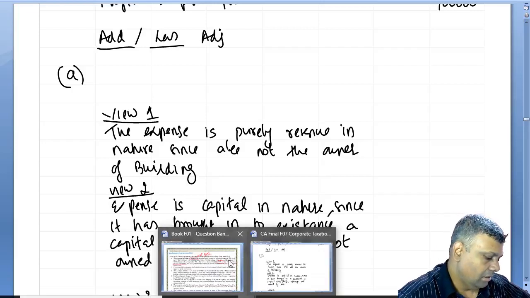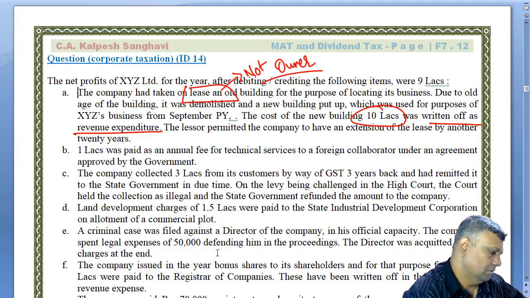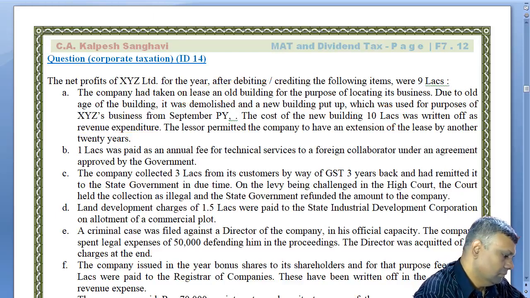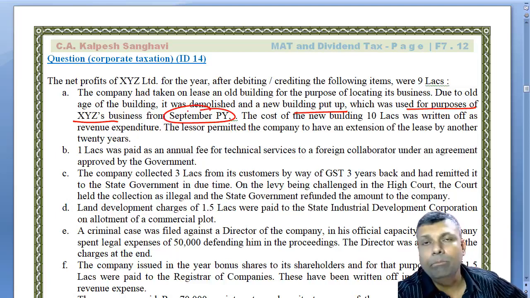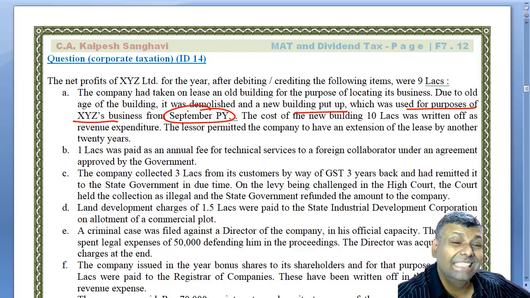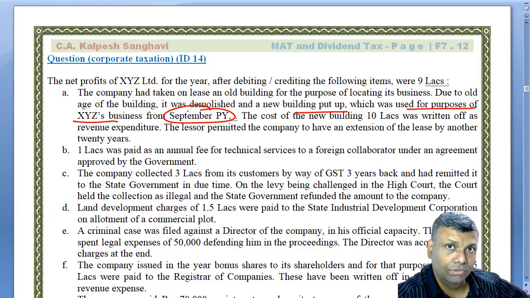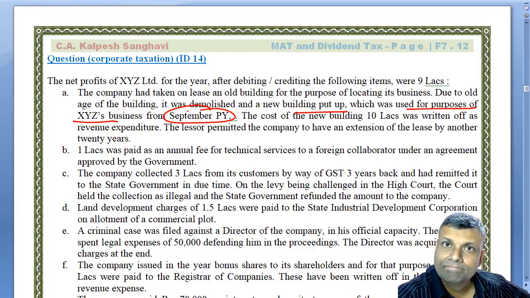Now come to this particular point. Building was put up, used for the purpose of business somewhere in the September of the previous year, because that is the test of number of days use. So if it is used for 180 days or more, then you get full rate of depreciation or you get a half rate of depreciation.